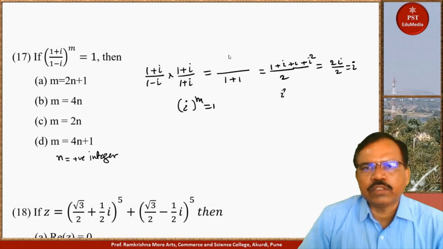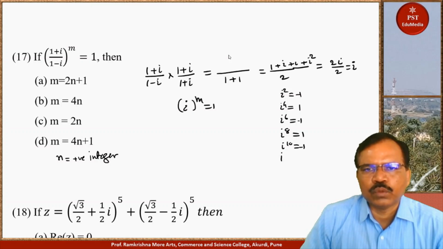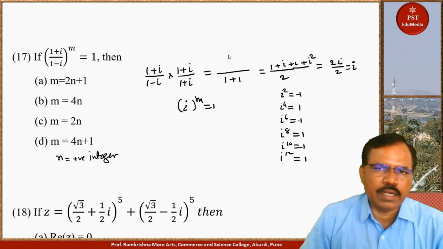We know i square is minus 1, i raised to 4 is 1, i raised to 6 is minus 1, i raised to 8 is 1, i raised to 10 is minus 1, i raised to 12 is 1, like this.